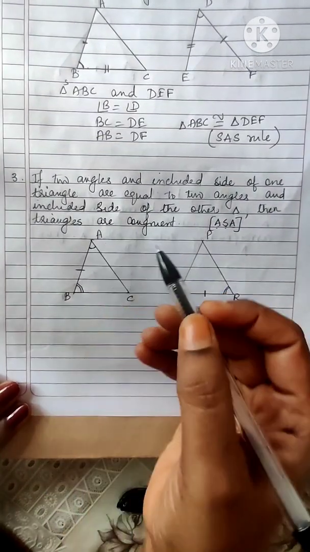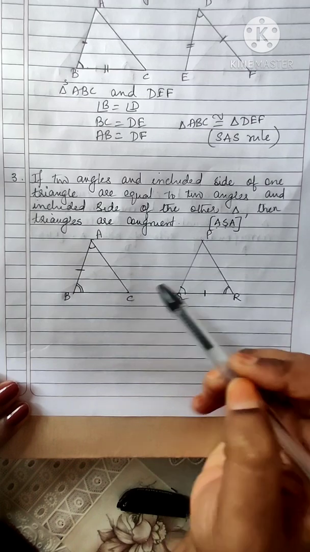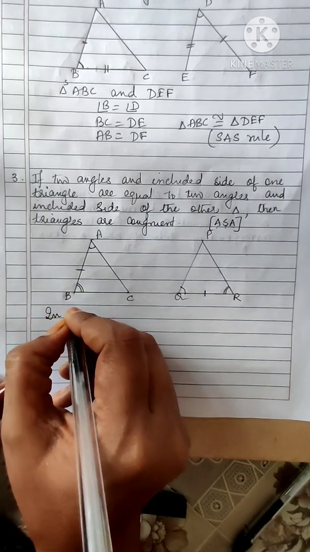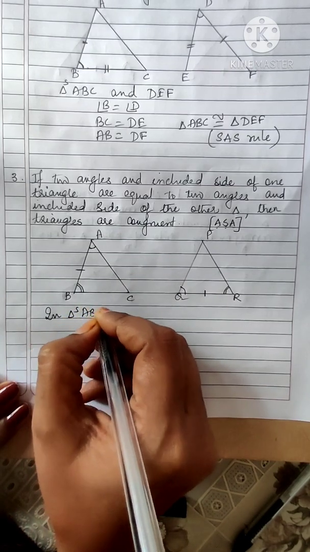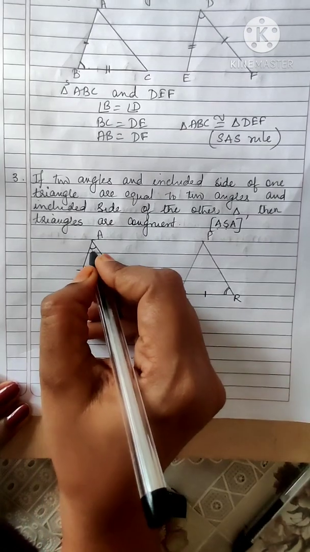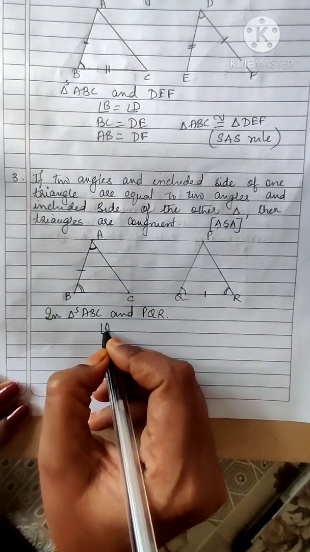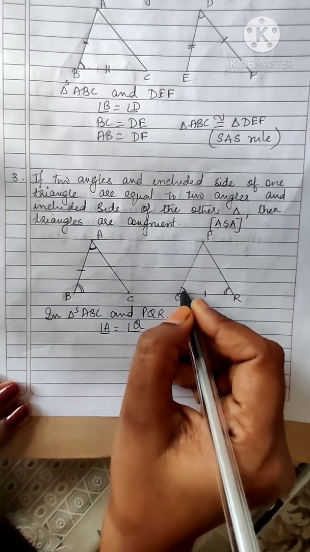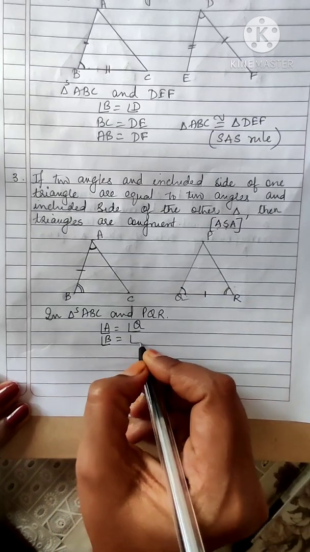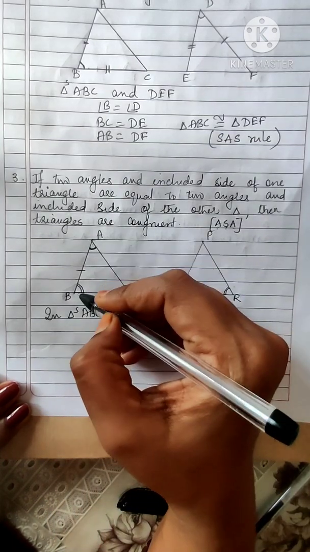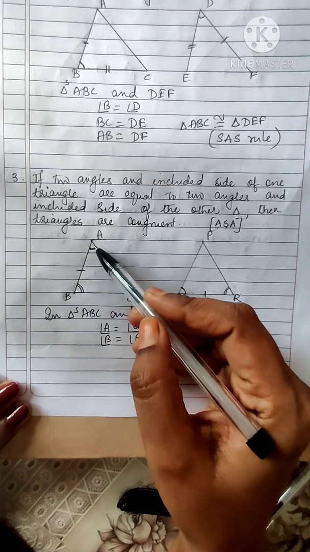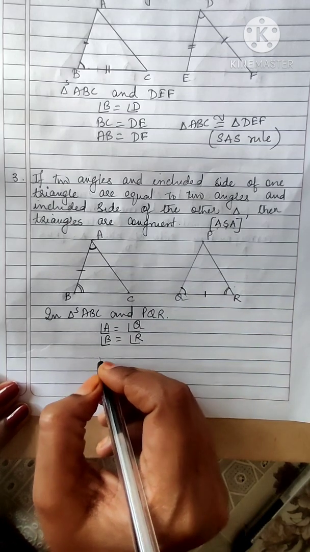Now here you have triangle ABC and triangle PQR. Now in triangles ABC and PQR, angle A is equal to angle Q, angle B is equal to angle R, two angles, and the side, if you see, this is called the included side because it lies between the equal angles.